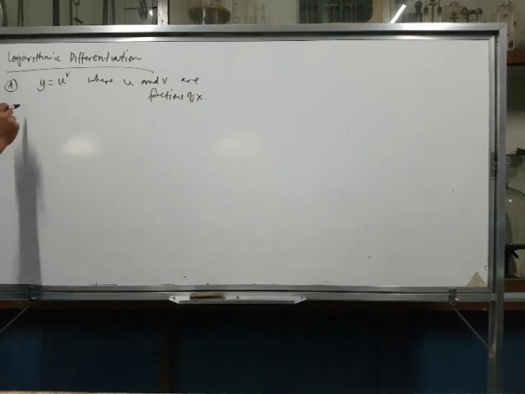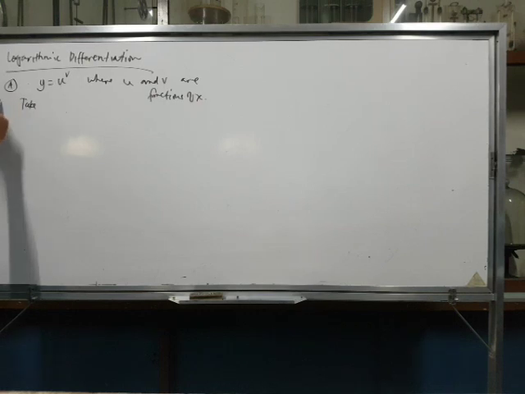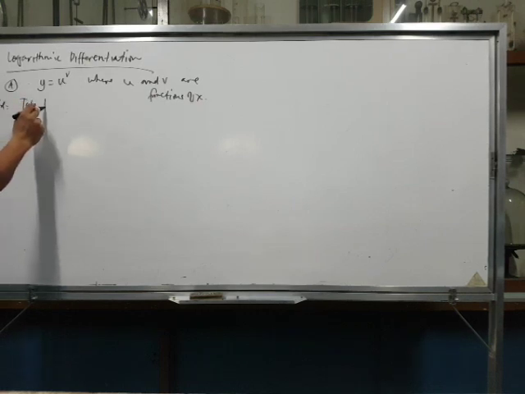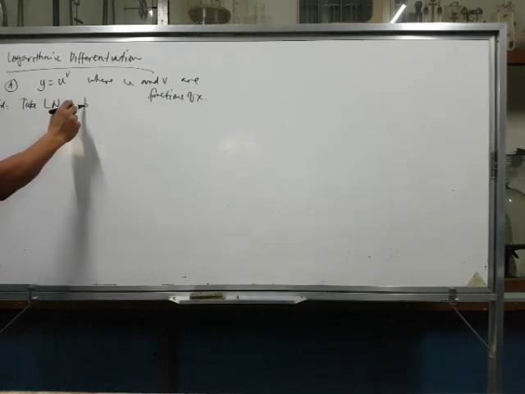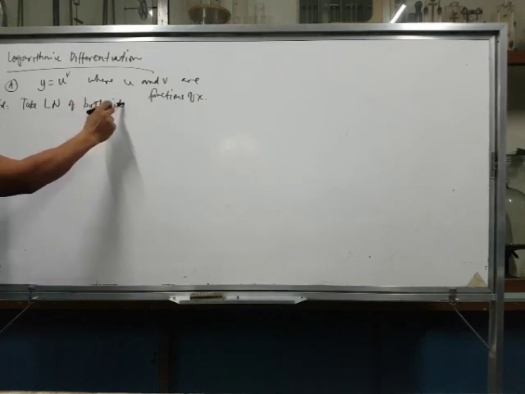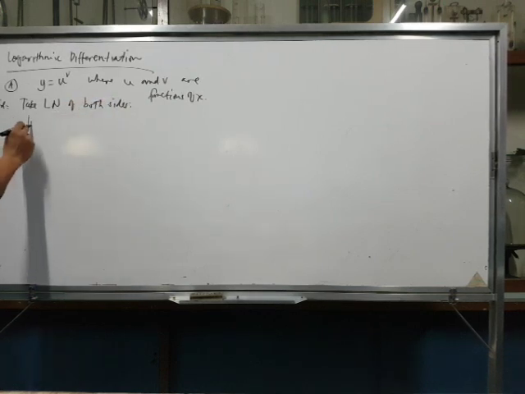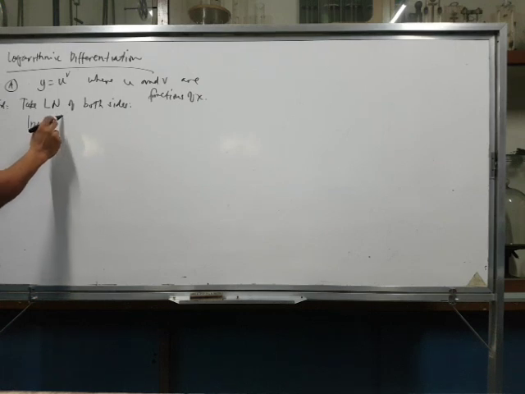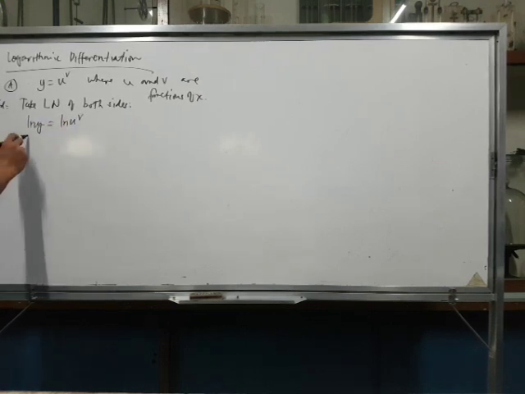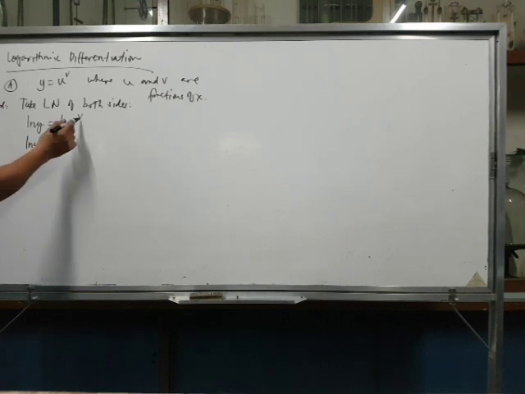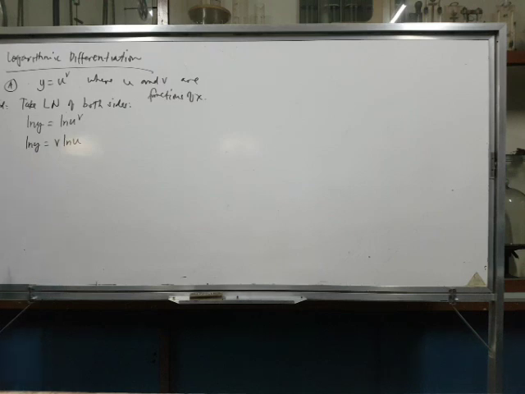The first step is to take the natural logarithm of both sides. So we have ln y equals ln u raised to v. And v is a power, so this will be v times ln u.